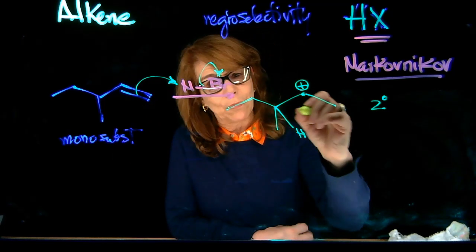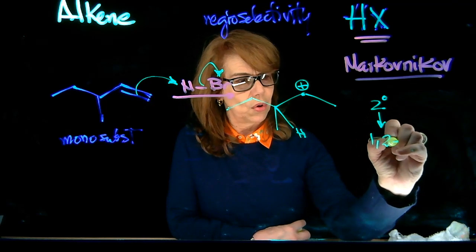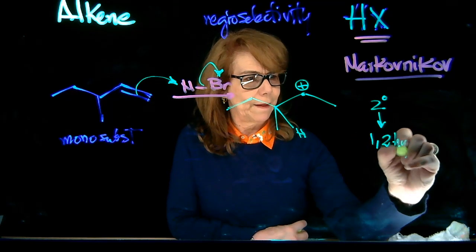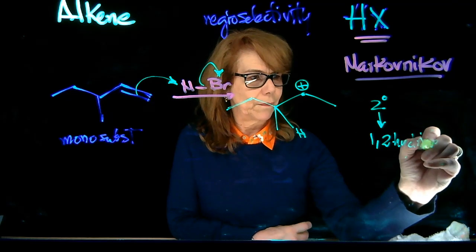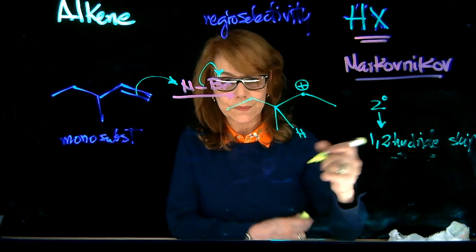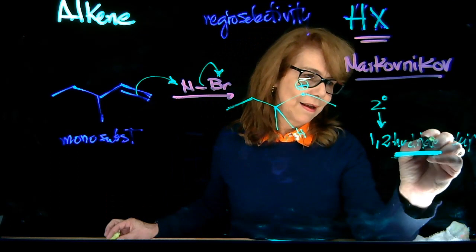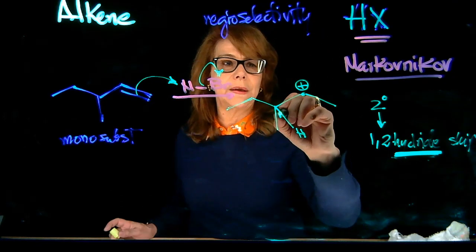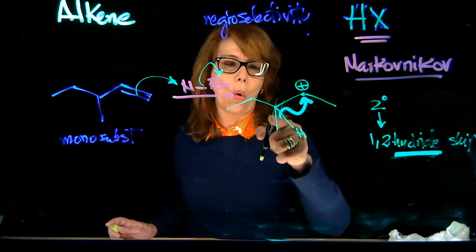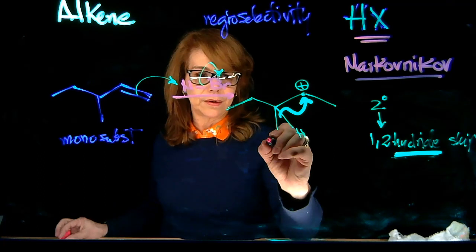So in that, we can have here a 1,2 hydride shift. What that is, a hydride, we are moving the H with its electrons, migrating 1,2. In doing so, we're making another carbocation.